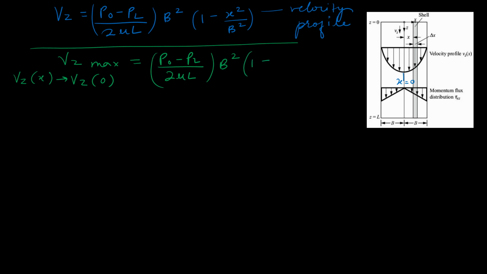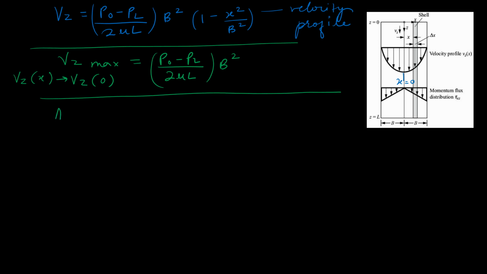So 1 minus 0, that gives me Vmax equals to P naught minus PL upon 2 mu L into b square.